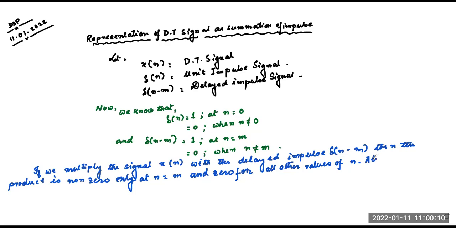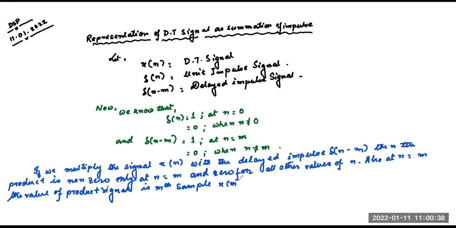Also, at n equals m, the value of the product signal is the mth sample, x[m], of the signal x[n].